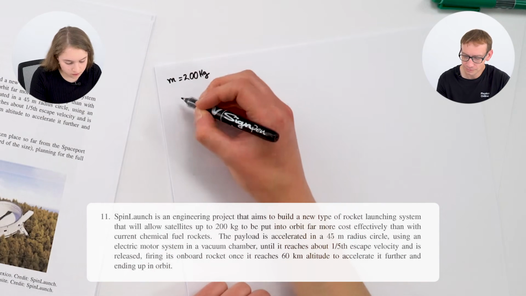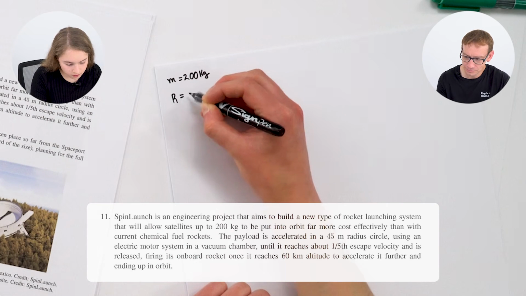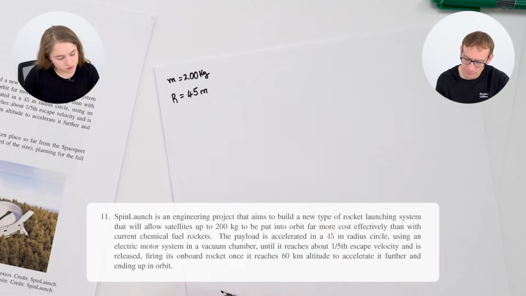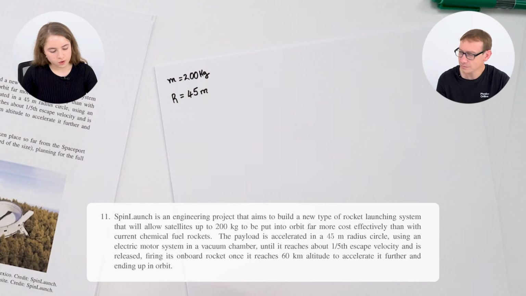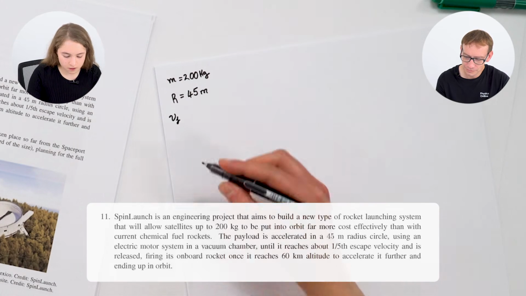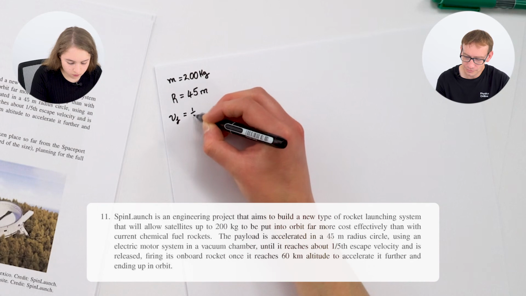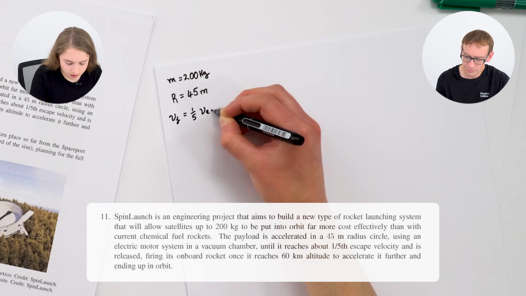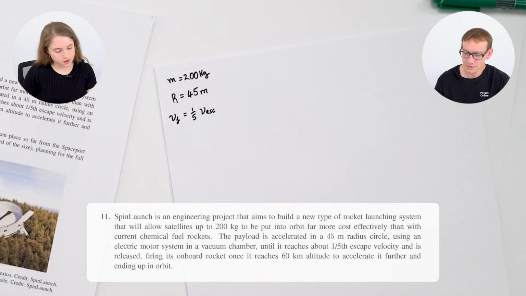Let's denote the radius of that circle as just capital R, until it reaches about 1/5 escape velocity. So until it reaches that velocity, we're saying that the final velocity of the satellite in this launcher is going to be 1/5 of the escape velocity. I'm going to denote the final velocity as VF, and I'm going to say that's 1/5 v(esc) for escape velocity.